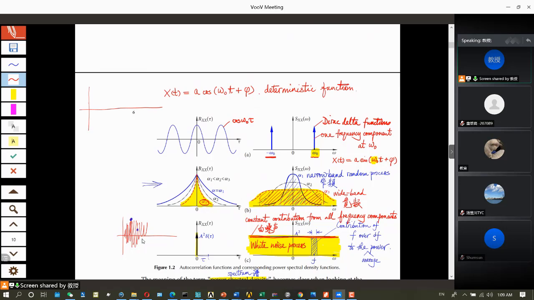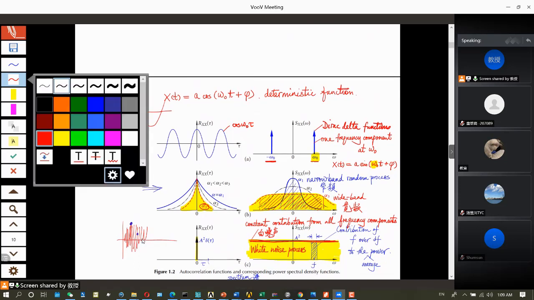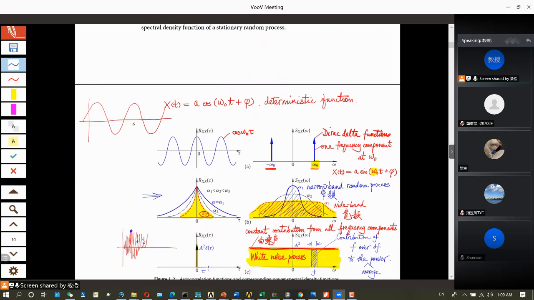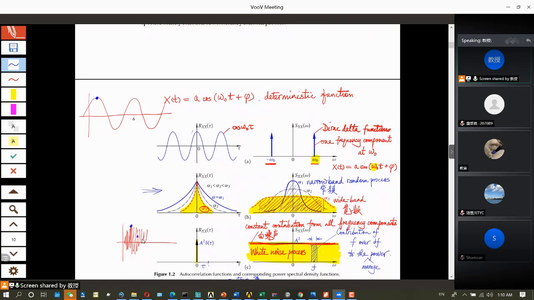If you sketch xt, what the correlation function says is when the time difference is 0, it's perfectly correlated. So the correlation is 1.